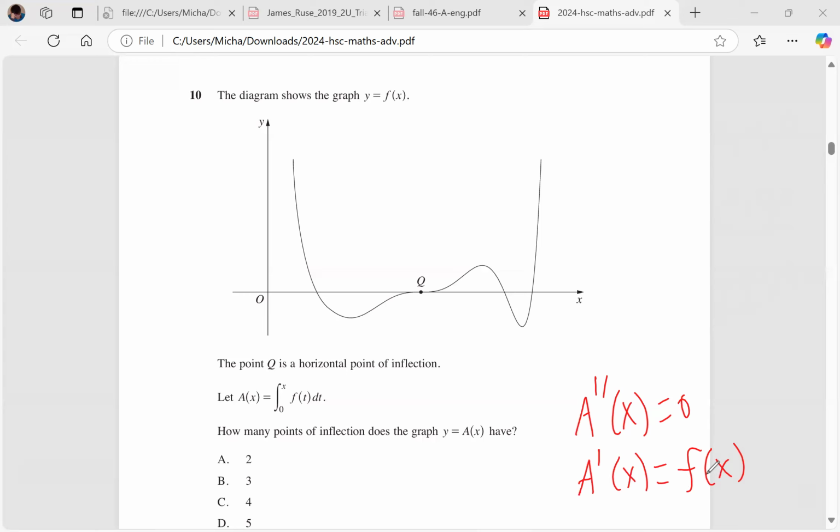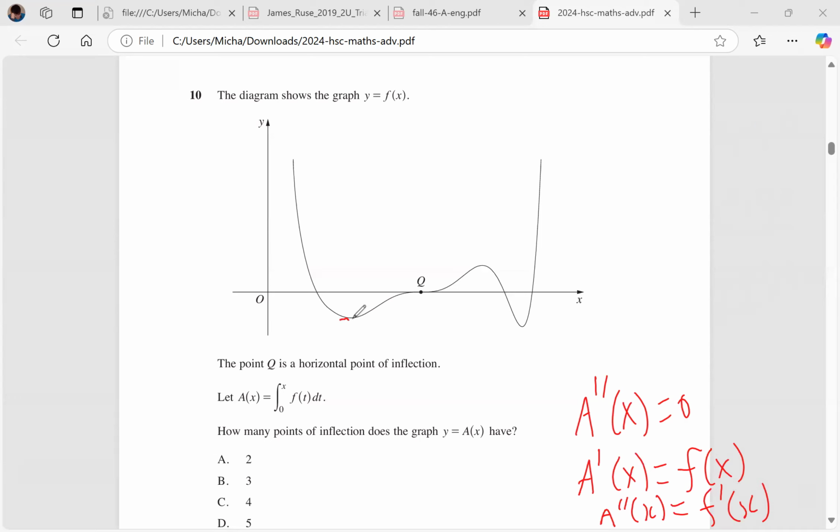Alright, have you guys even done this one? Okay, anyway, so the second derivative of A is the first derivative of F. So the first derivative of F has to be 0 for it to be a point of inflection.